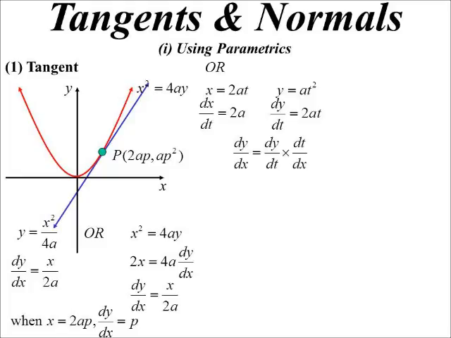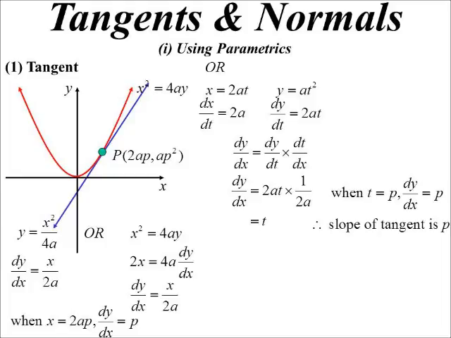But remember our chain rule, rates of change, implicit differentiation, call it whatever you like. dy/dx equals dy/dt times dt/dx. So I get, again, the parameter, t. And we're looking at the point where the parameter is p, so the slope is p. Again, I'd probably go with the first way. But there are all different ways we could come up with that same result. Okay, slope of the tangent is p.